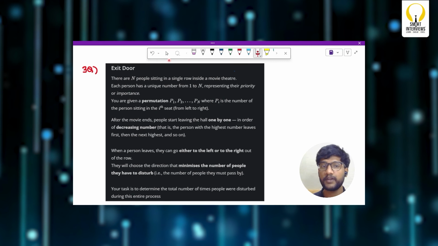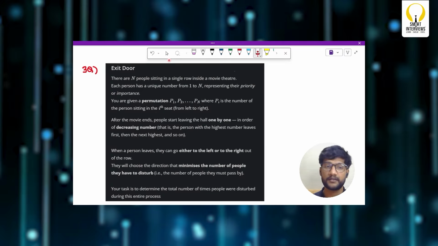After the movie ends, people start leaving the hall one by one, in order of decreasing number. That is, the person with the highest number will leave first, then the next highest, and so on. But they can't directly leave the hall.